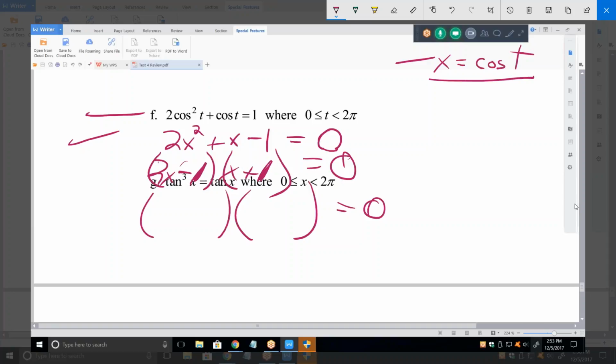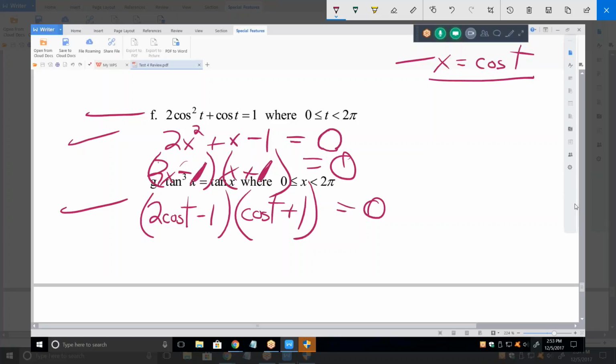So turn it back into a trig expression. So it'd be 2 cosine t minus 1, and then cosine t plus 1. Good. Now, solve that.